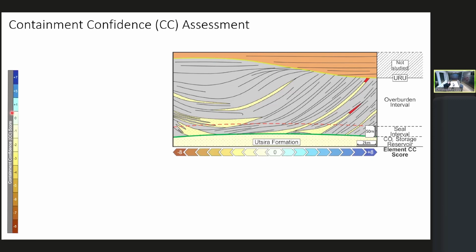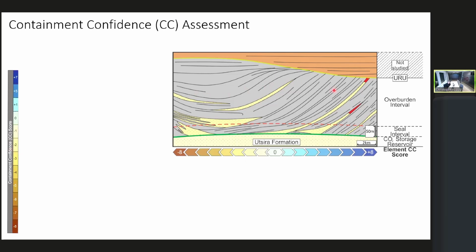A score of 0 means it's neutral, so it doesn't affect our confidence in containment. Positive numbers are good, i.e. we would have confidence that CO2 could be stored, and negative numbers are where we would be less than confident, as it would probably leak from these areas.